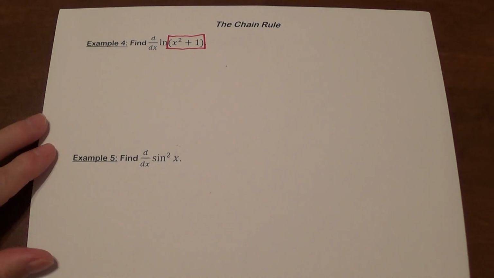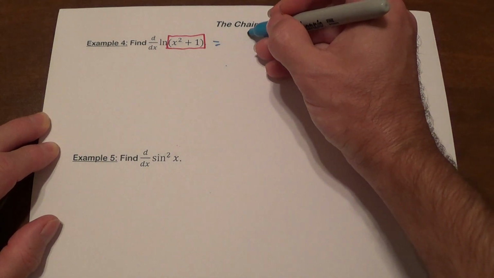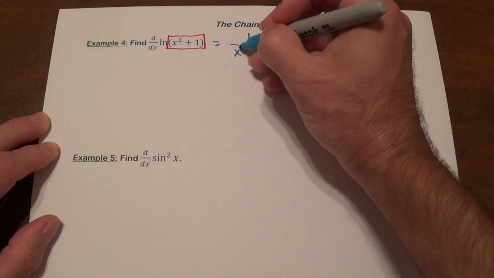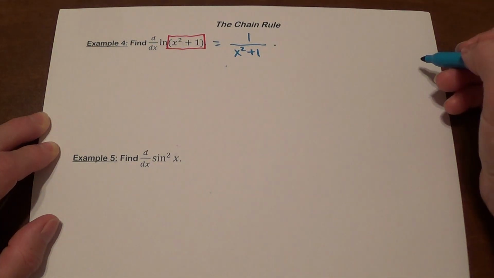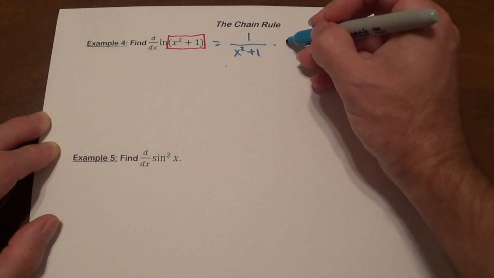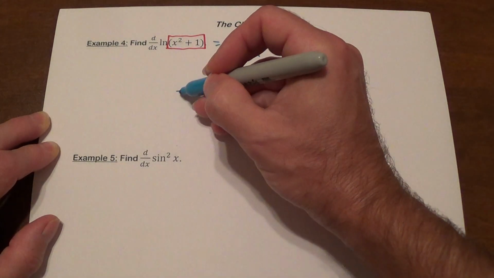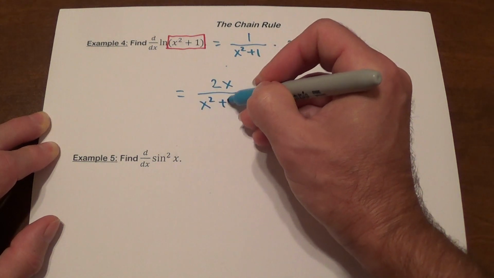So we are going to get the derivative of ln is 1 over that quantity, x squared plus 1, times, we need to differentiate x squared plus 1, and the derivative of x squared plus 1 is 2x.